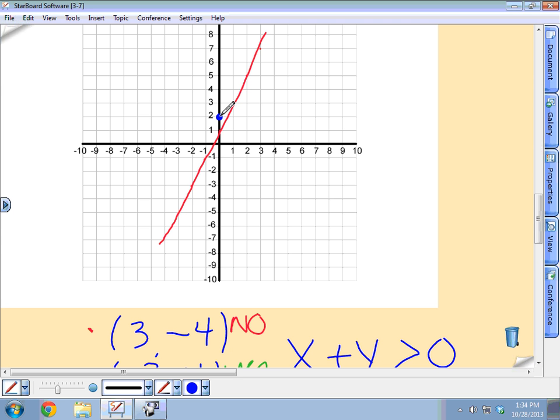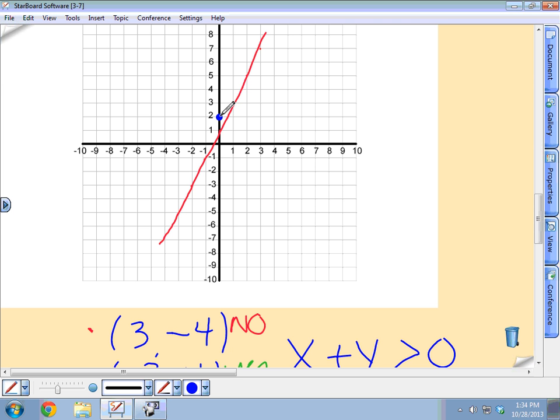Okay, so let's go around, Jared. How about number 13? A, B, C, or D? Which one of those is the graph that's shown? I have no idea. Okay.